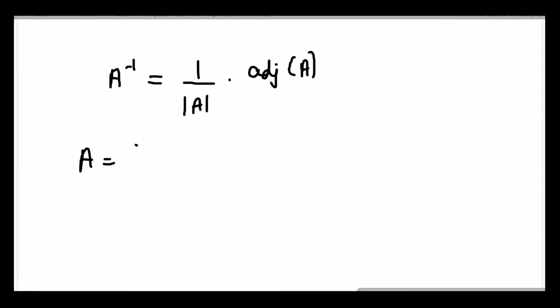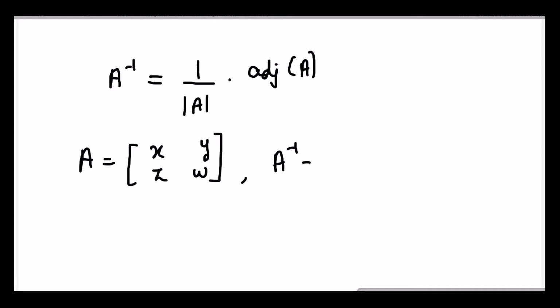Okay, so first we need to know what A inverse is. We know that A inverse is given by the formula 1 upon determinant of A into the adjoint of the matrix A. This is the formula which you have studied, right? For a 2 cross 2 matrix, there is a very nice formula by which you can find the A inverse, so no need to find the adjoint separately.